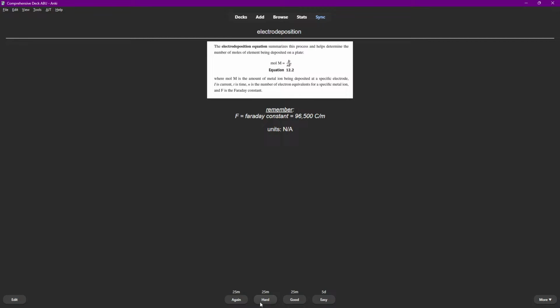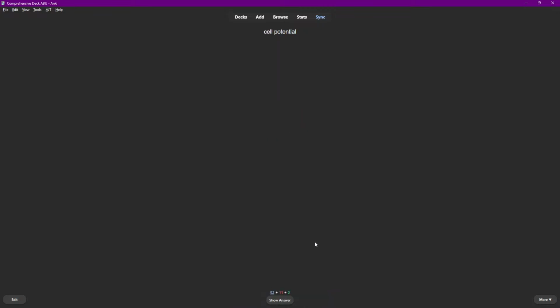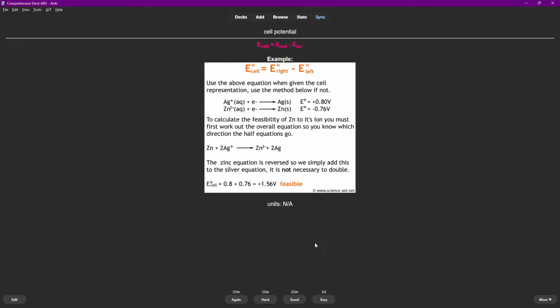Interesting. That was hard. Cell potential, is this the E naught? E cell is the cell potential of biochemistry that I learned. E cell is equal to E reduction minus E oxidation.